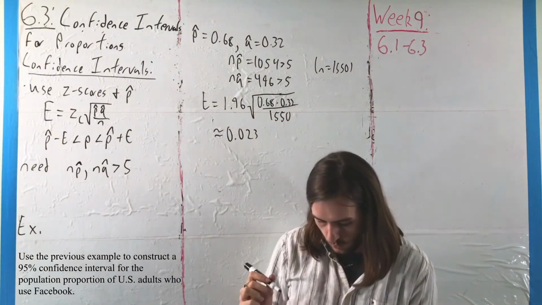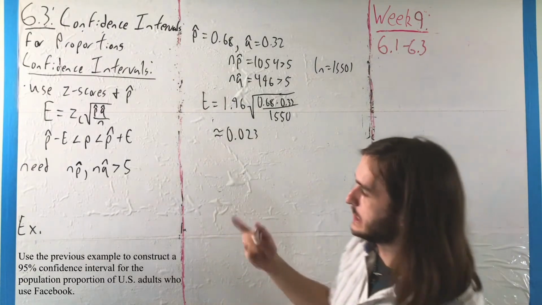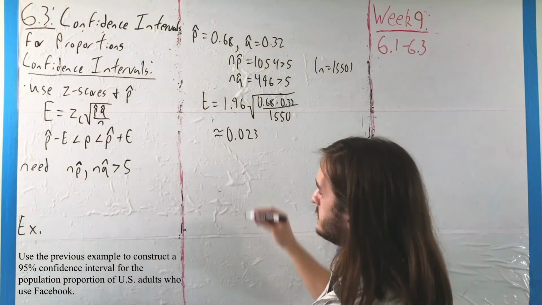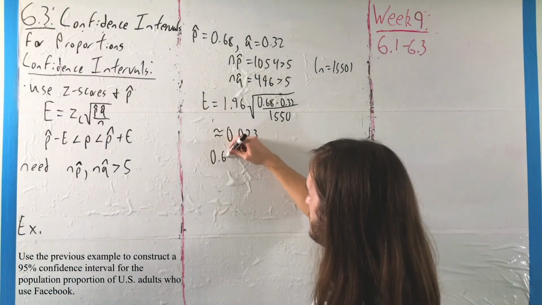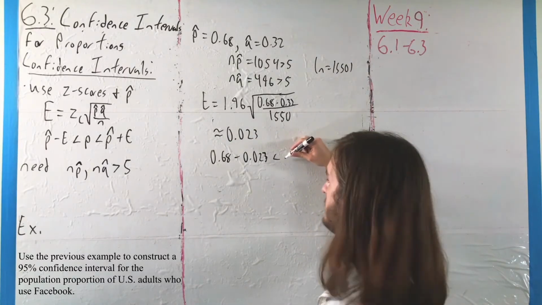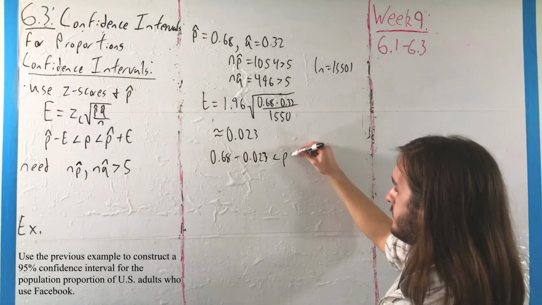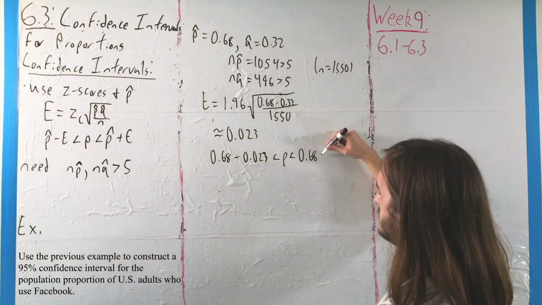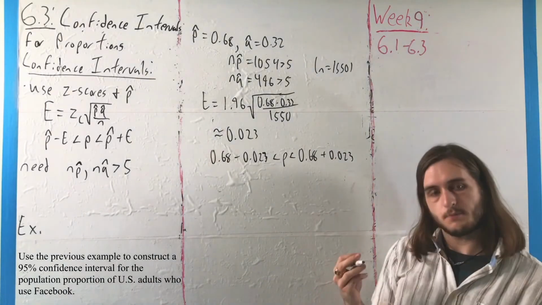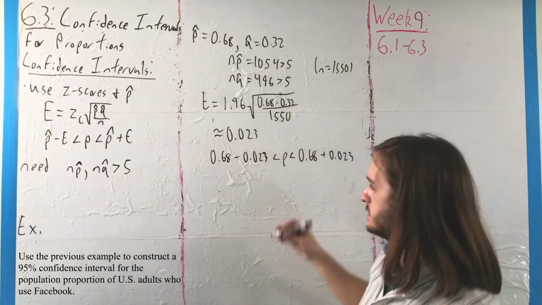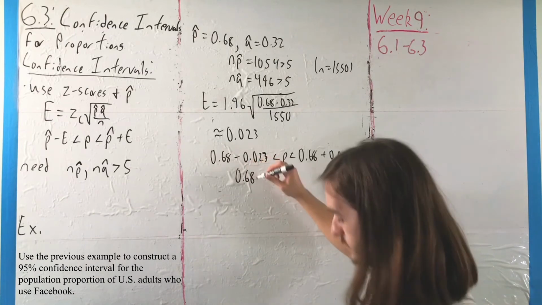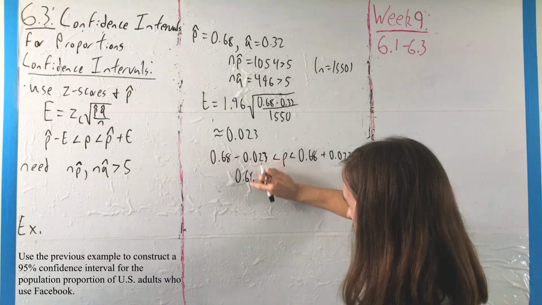That lovely mess of things, we check out and get a value of 0.023. And once we have that, we're just going to take it and add it and subtract it from our value for p hat. So we're going to take p hat, 0.68, minus 0.023, say that this is less than the proportion we're aiming for, p, and say that that p is less than 0.68 plus our margin of error, 0.023, where you pull those in, take those out as appropriate, and we get that our 95% confidence interval is going to be, oh, that's not a 0.68.